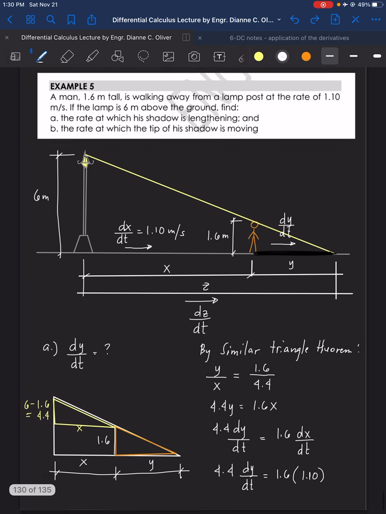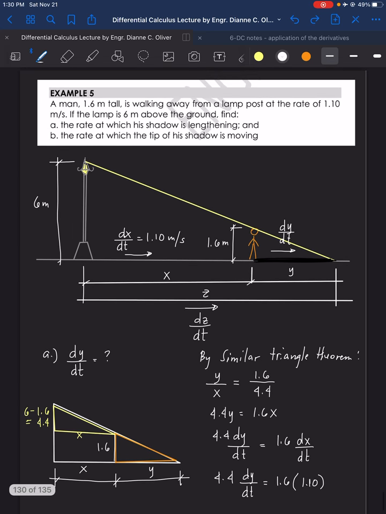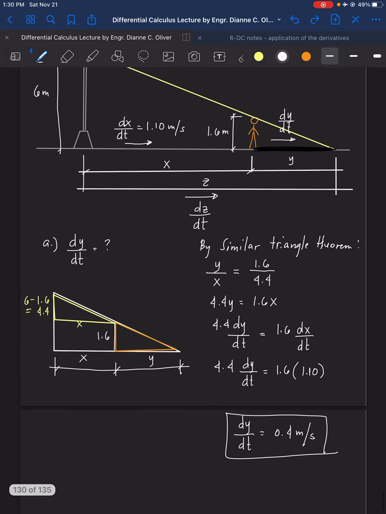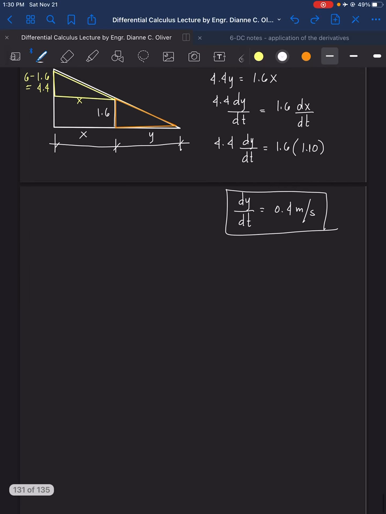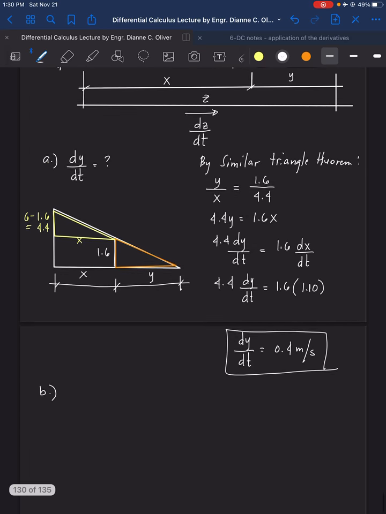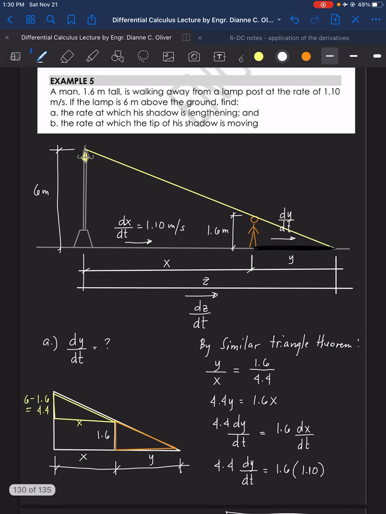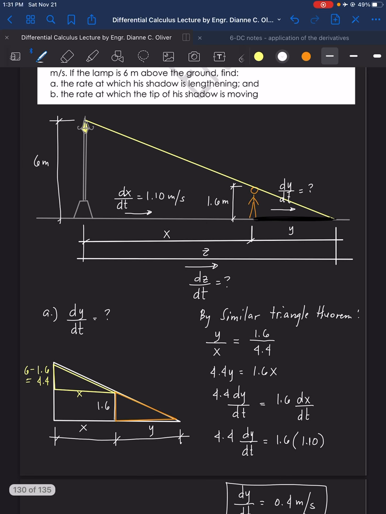Okay, so this is for example number 5, letter A. Now for letter B, it's asking the rate at which the tip of his shadow is moving. So we are looking for dz over dt.